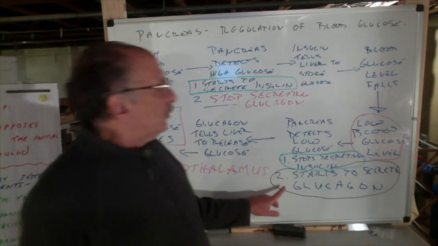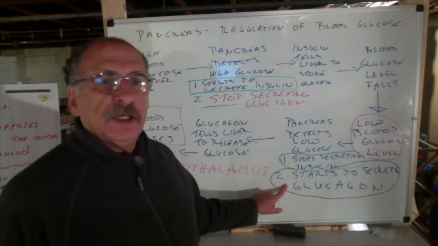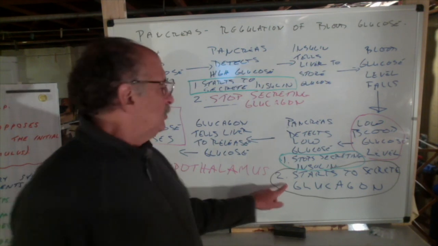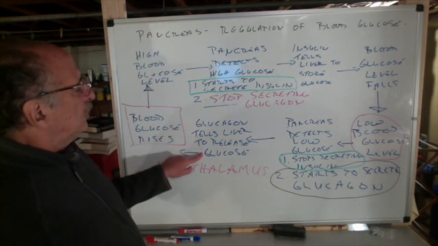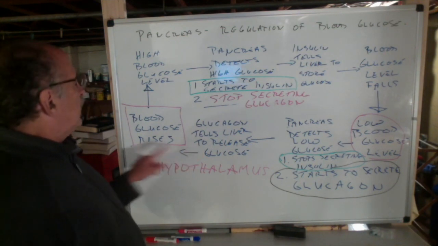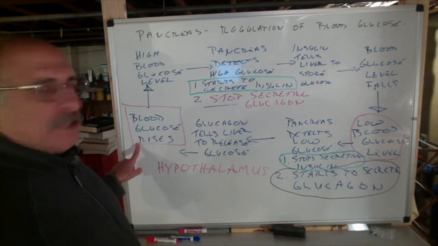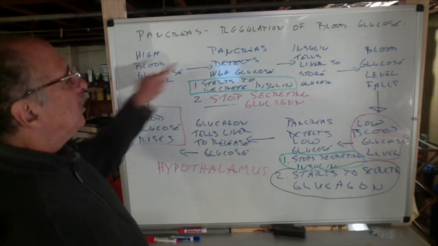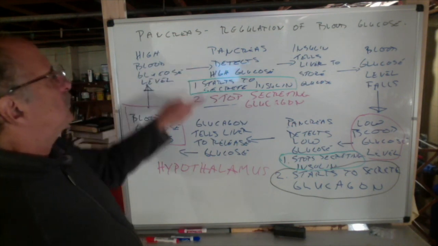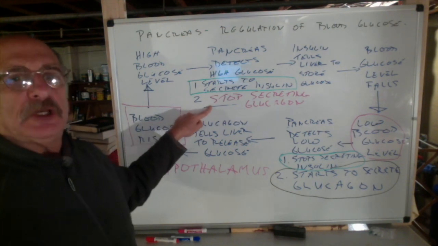So if we start to secrete glucagon, we call that the initial condition. This is the first response: the liver releases glucose. The second response, the blood glucose rises. The third response, the blood glucose is too high. The fourth response, the pancreas stops secreting glucagon.